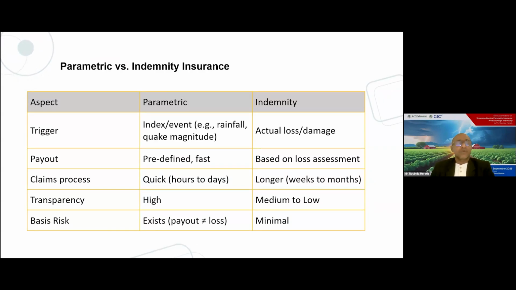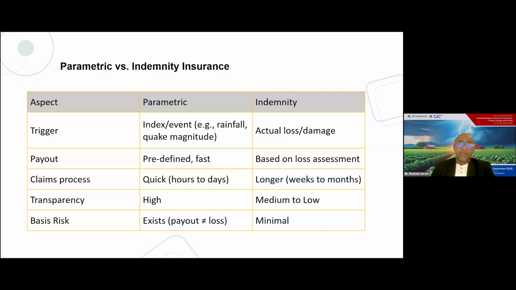When we compare these two, when we talk about the trigger, an event-based mechanism is used in parametric insurance, but indemnity is actual damages, right? But the payout is already predefined and can also be made very fast. But in indemnity, it takes time because the loss assessment is needed.